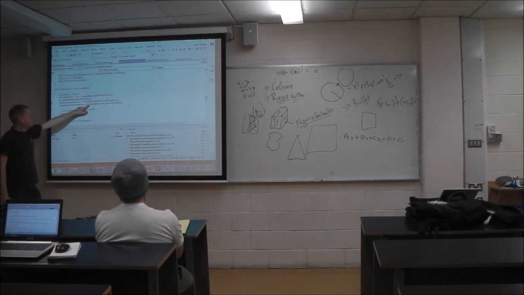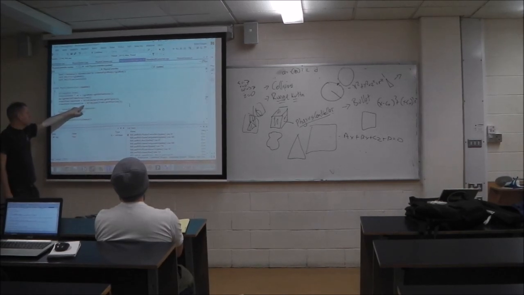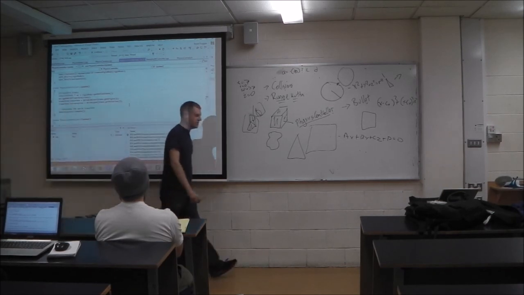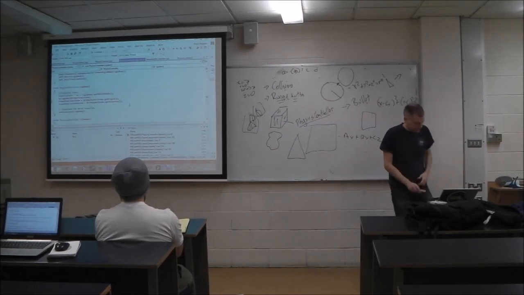And then I set the transform position, convert the Bullet vector to an OpenGL vector, and the Bullet quaternion to an OpenGL quaternion. Basically, when we look at these, these are going to be the original ones that I set, because I haven't moved the object. So hopefully the position is going to be still 5.